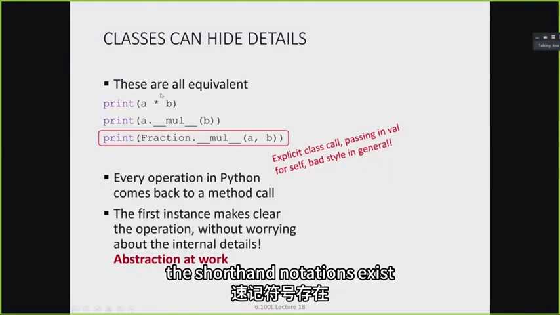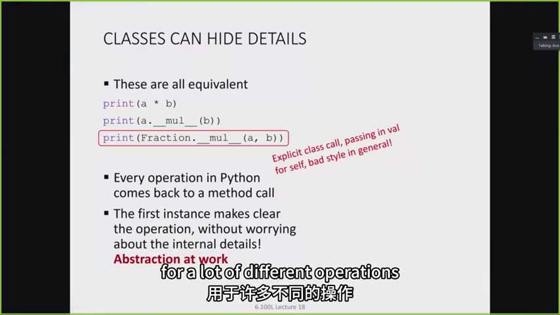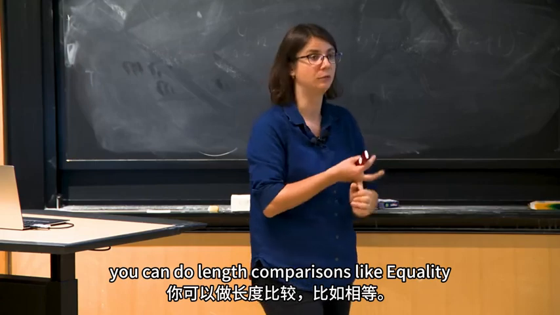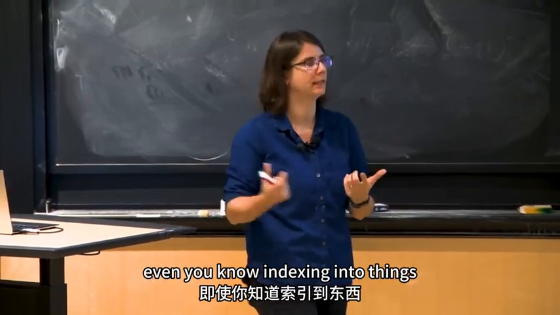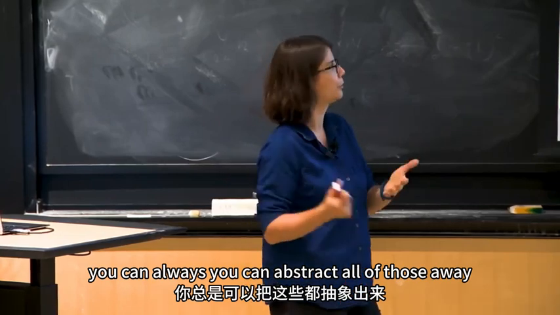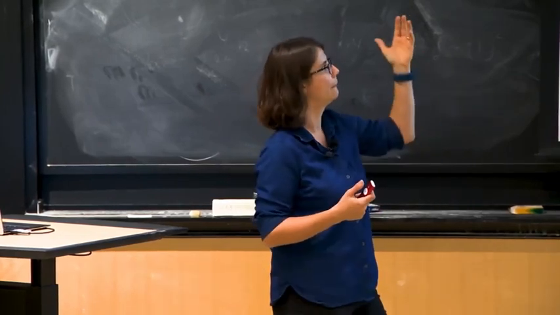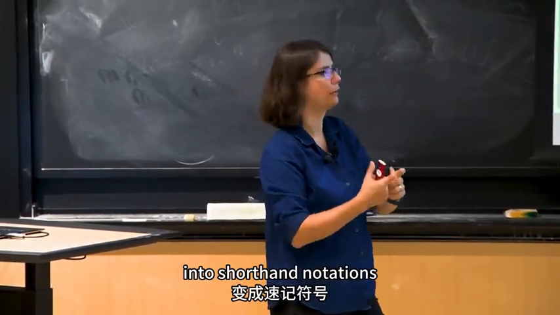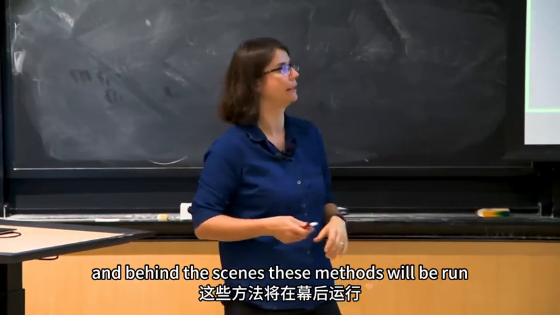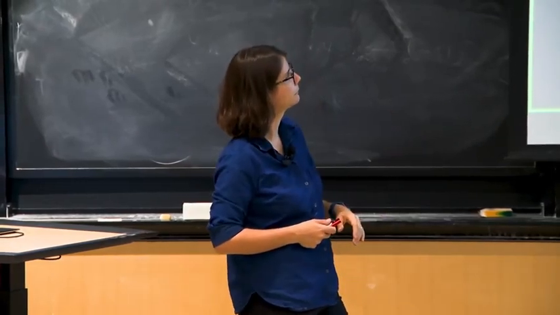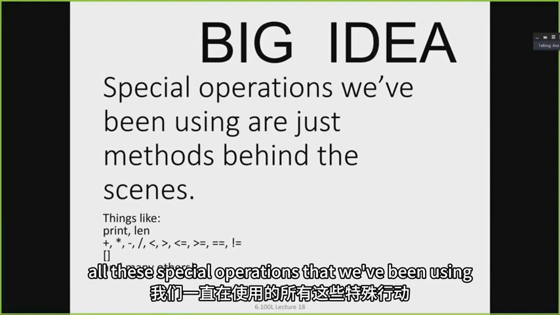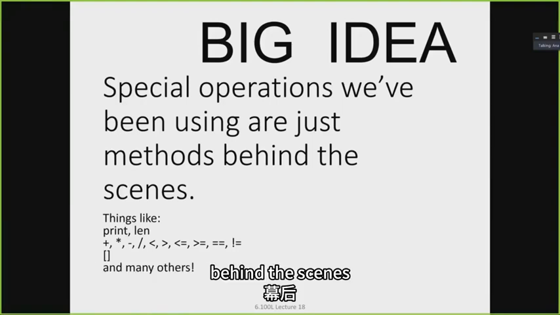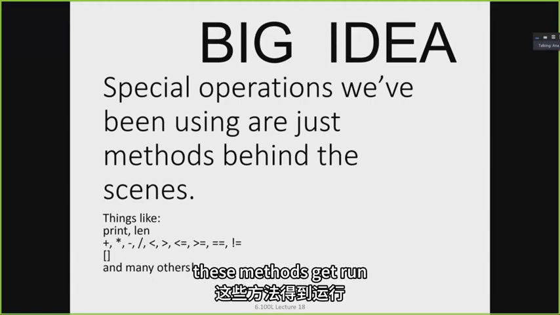And as I said, the shorthand notations exist for a lot of different operations. We saw print. You can do length, comparisons like equality, even indexing into things. You can abstract all of those away into shorthand notations, and behind the scenes, these methods will be run. Okay, so big idea: all these special operations that we've been using already, behind the scenes, these methods get run.